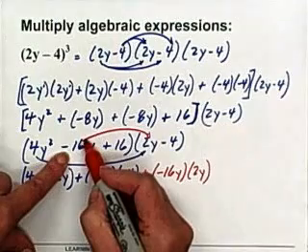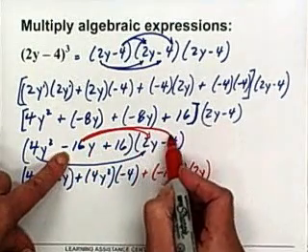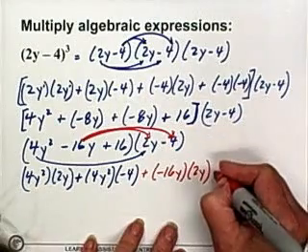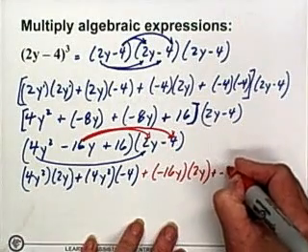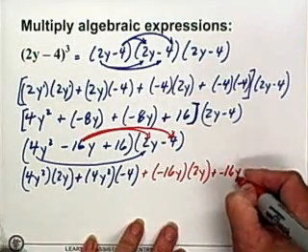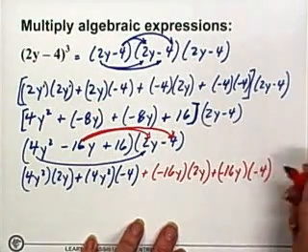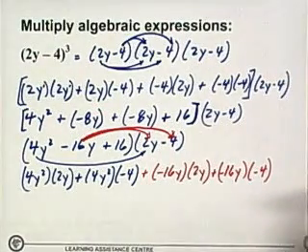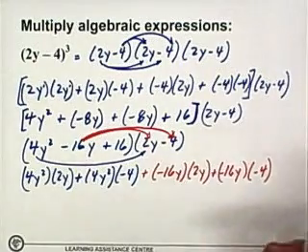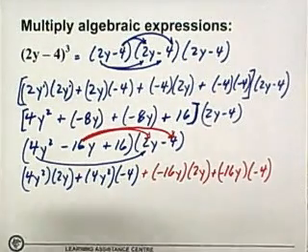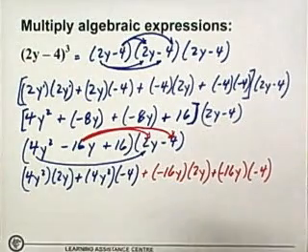And then we also have minus 16y multiplied by minus 4, but we have to put our plus sign in there, plus minus 16y multiplied by minus 4. And I think I have one more colored pen here for the last bit, which I'm going to write down here because I'm running out of room.